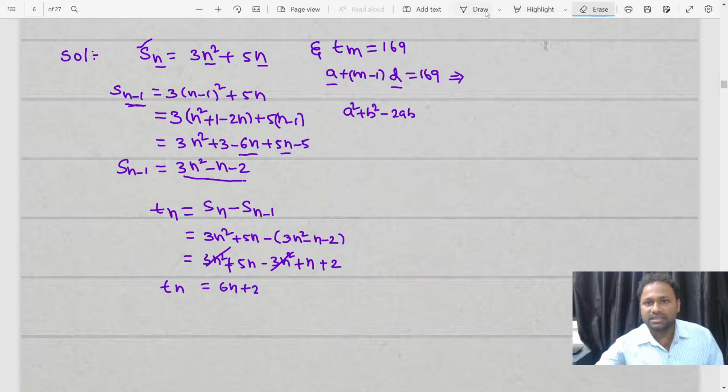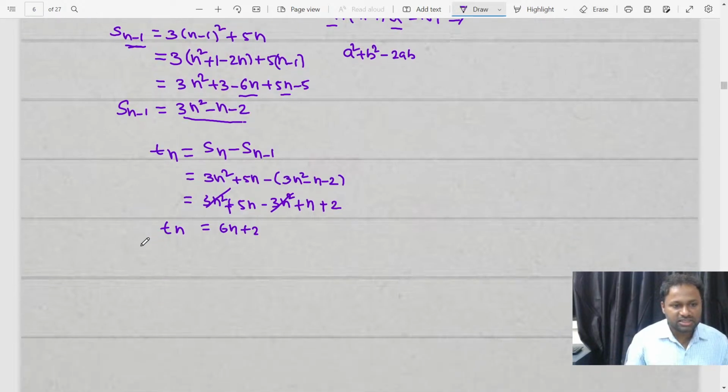See this. First, Tn is equal to 6n plus 2 I got. After that, I will take n is equal to 1. That implies T1 is equal to 6 into 1 plus 2, that is nothing but 6 plus 2, 8.